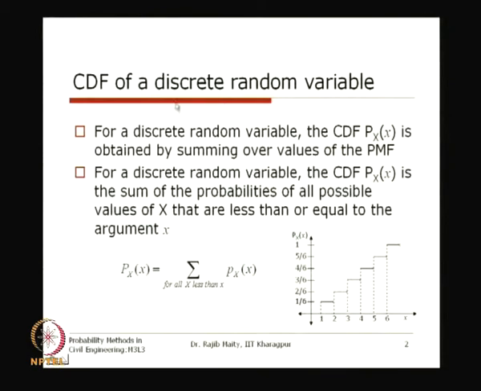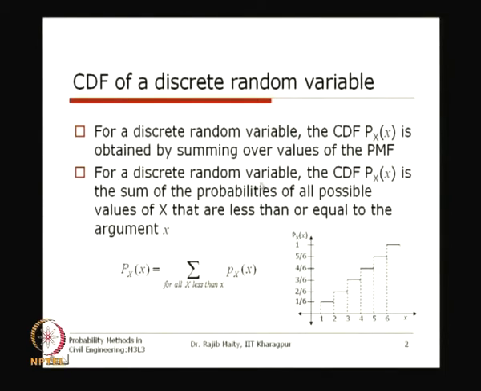Now we are starting the CDF, that is, cumulative distribution function for a discrete random variable. For a discrete random variable, the CDF, that is P_X(x), is obtained by summing over the values of the PMF, that is, probability mass function.